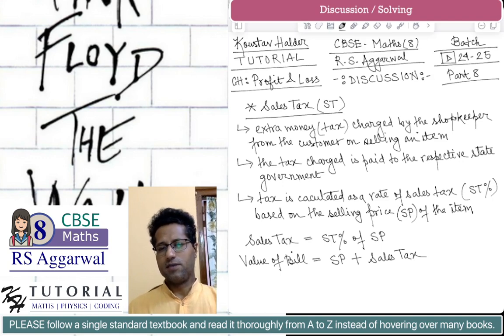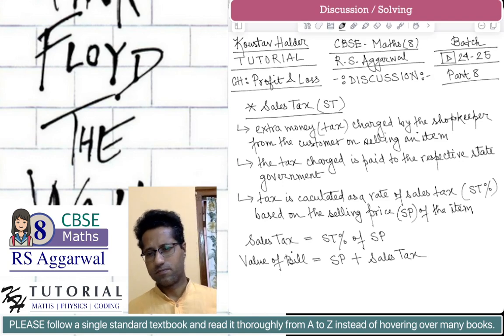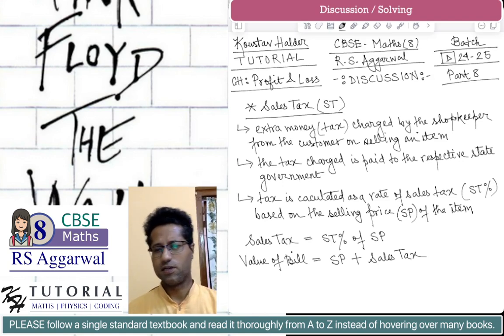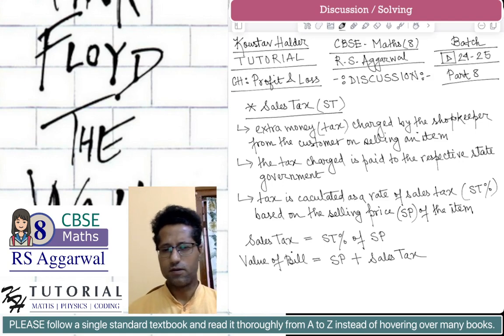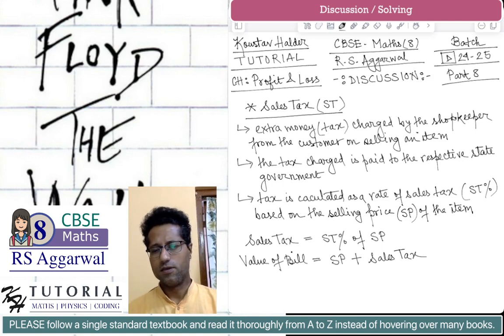The extra money is calculated as a rate of sales tax. So there is a sales tax rate which in this discussion we are denoting as ST percentage, which denotes the rate of sales tax. Based on this rate of sales tax, the tax is calculated on the selling price of the item.